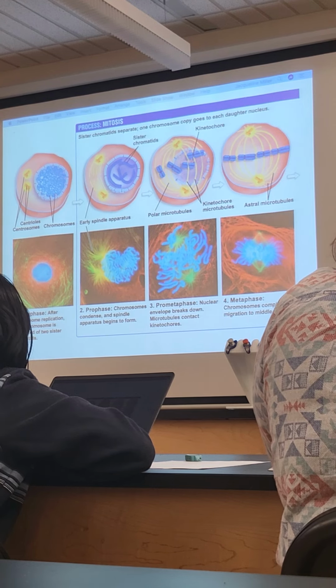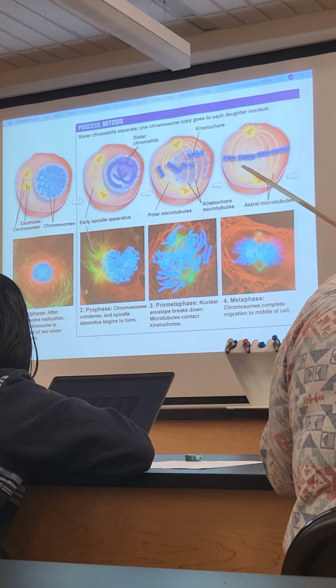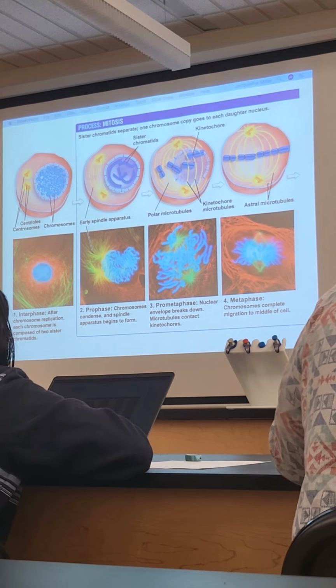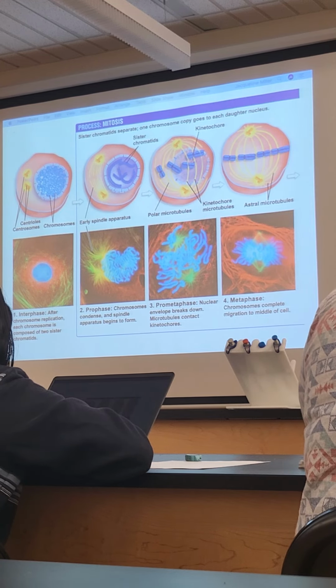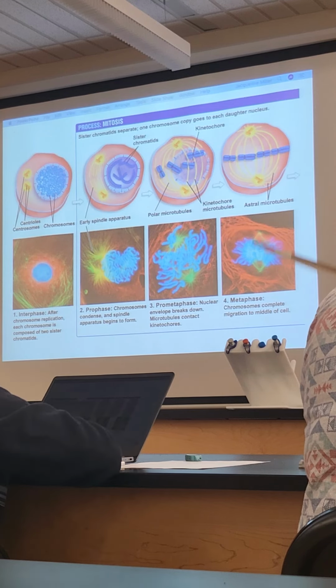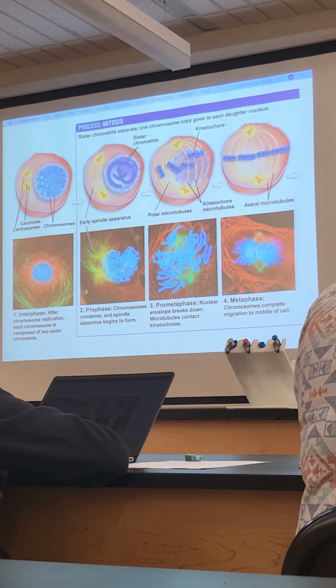We're gonna talk about the checkpoint that makes sure that it's attached from both poles. And because of that tension pulling in both directions, they align along the metaphase plate. So you can see the nuclear envelope is completely gone, and you get alignment of the chromosomes along the metaphase plate.